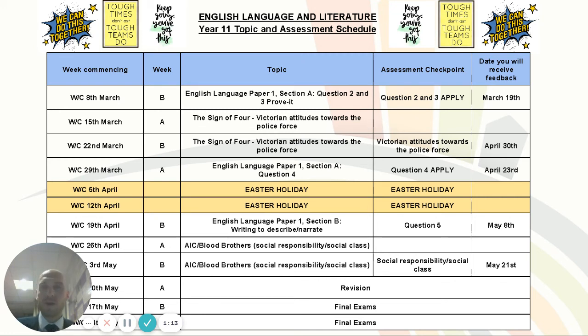Students know when these assessment checkpoints are, and it's really important to get across to students and to parents that these by no means will be set in stone, as in this will formulate your final grade.